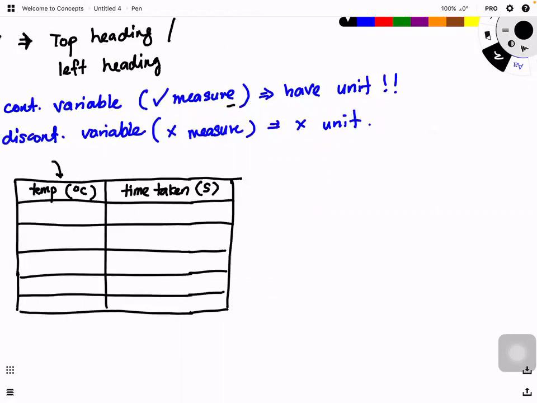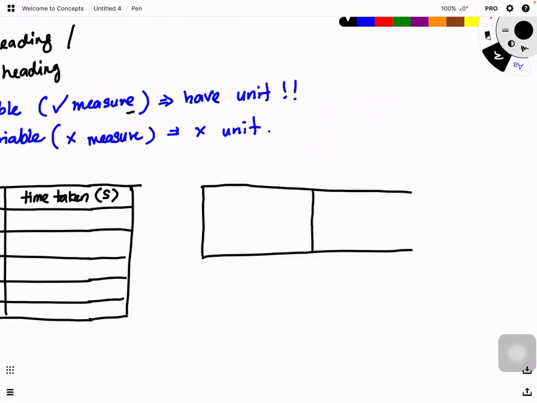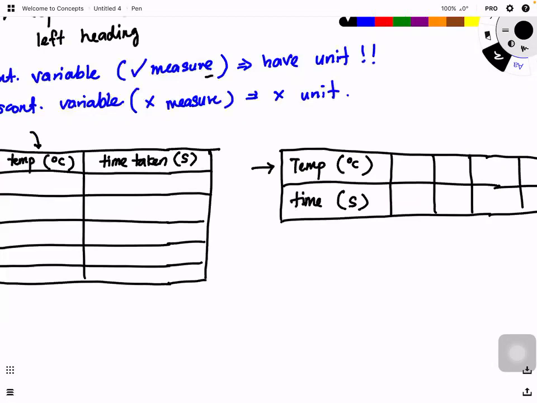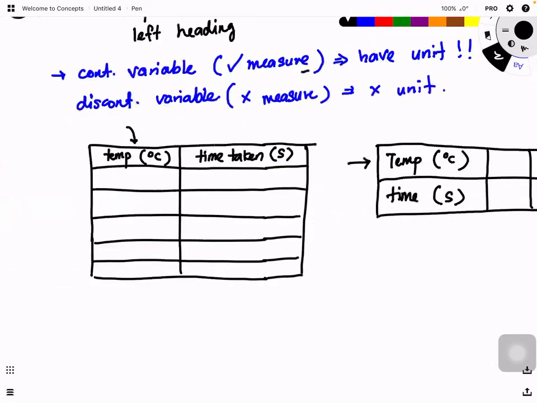Top heading means you make it like this: temperature in degrees Celsius, time taken in seconds. So this one is called a top heading. You must have a unit. Are you clear?